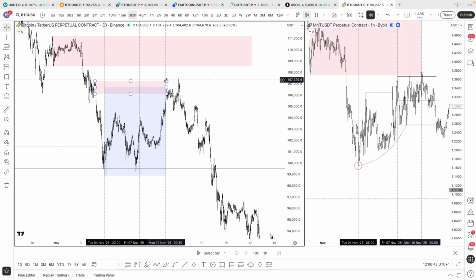We don't have a bearish order flow confirmation. We have simply Bitcoin moving up into potential resistance. But that is enough to establish a semi-pro environment.